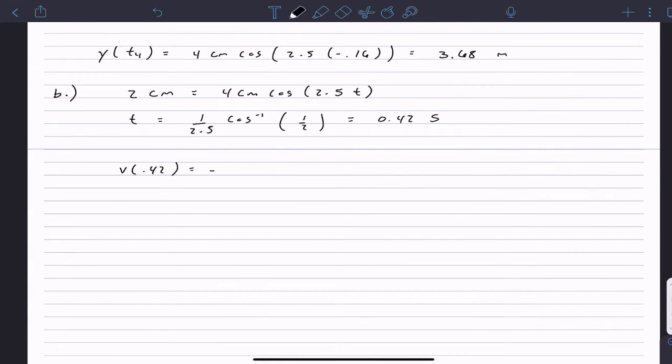Of course, it's negative omega times 4 centimeters times sine of 2.5 times 0.42 seconds. That comes out to radians, and this gives us a value of negative 8.67 centimeters per second.